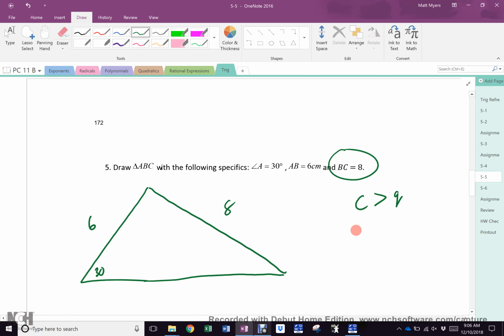So that means we can have one obtuse. What does obtuse mean? Greater than 90. One obtuse triangle. One triangle with a greater than 90-degree angle. Those are the 3 easy ones.